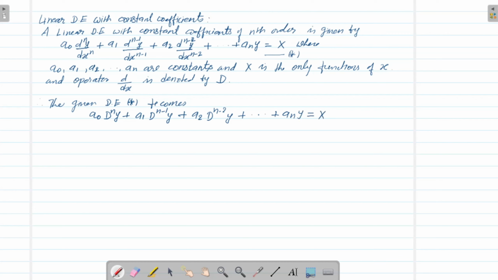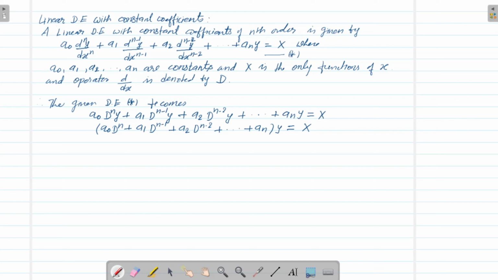Now y is common in each term, so we will take y as common. So this becomes a naught D raised to n plus a1 D raised to n minus 1 plus a2 D raised to n minus 2 plus up to a n, times y, and this is equal to x.